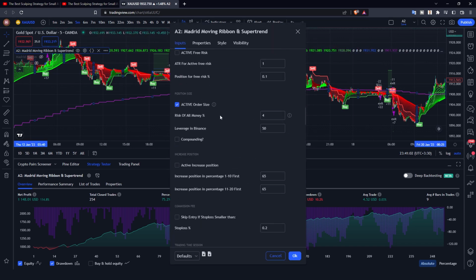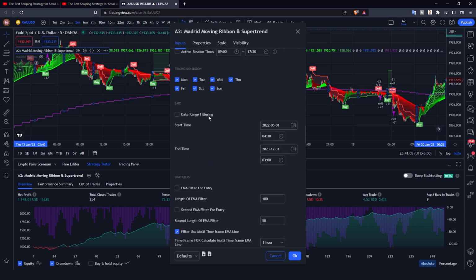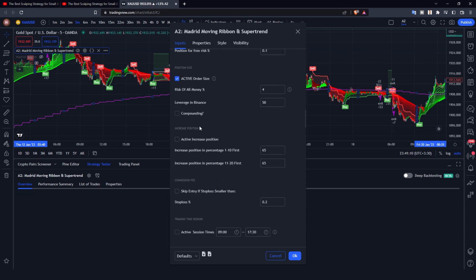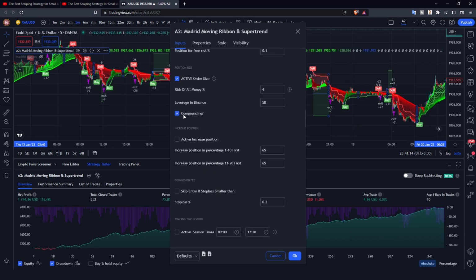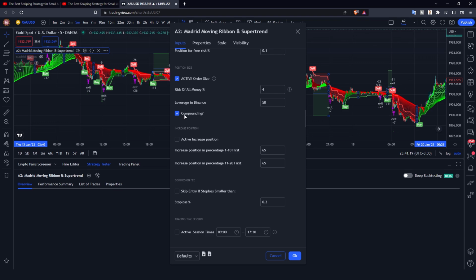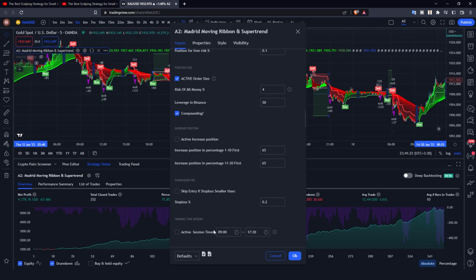We can turn off the EMA and enable compounding to force the strategy to be more profitable. As you can see, profit will increase and it gives us a significant win rate.